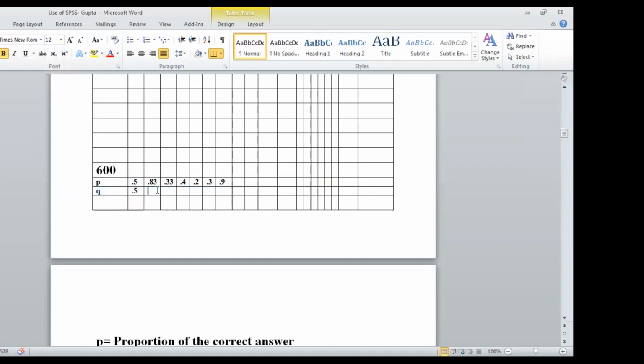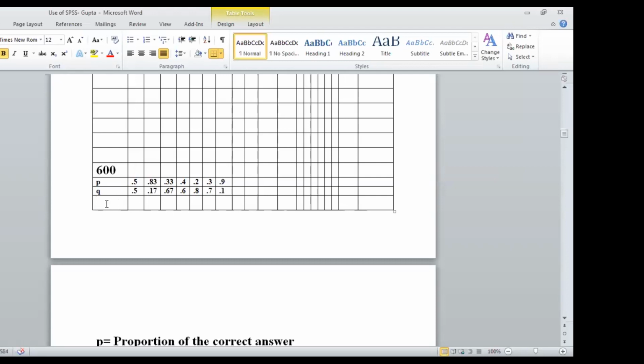And this is 0.83, so 1 minus 0.83 means 0.17. This is 0.6, so this is 0.66 or 0.67. This will be 0.6. This will be 0.8. This will be 0.7. This will be 0.1.